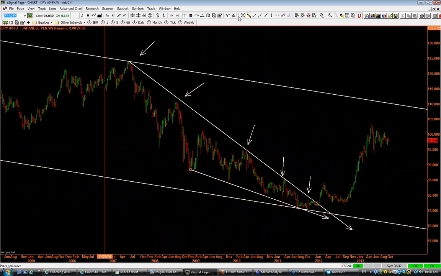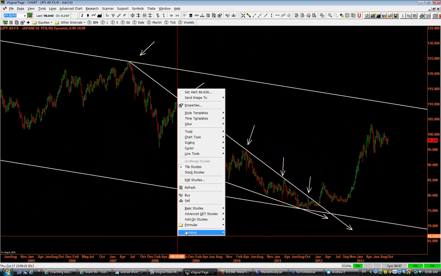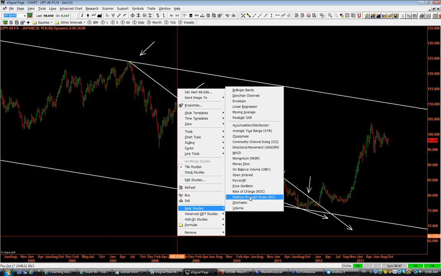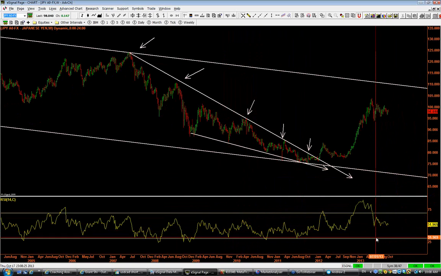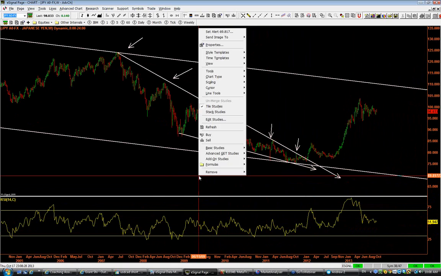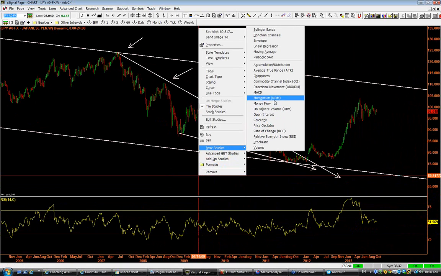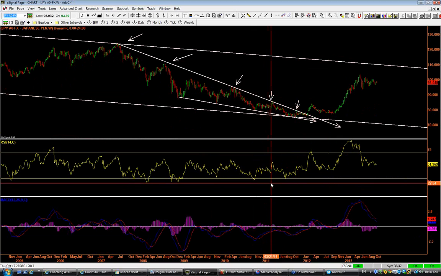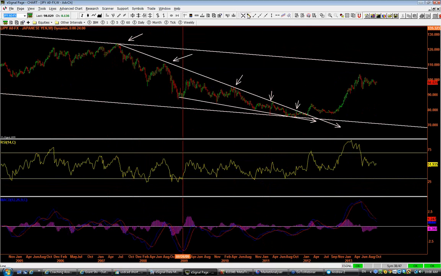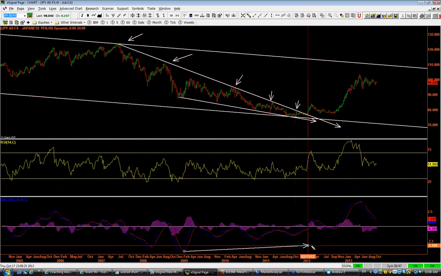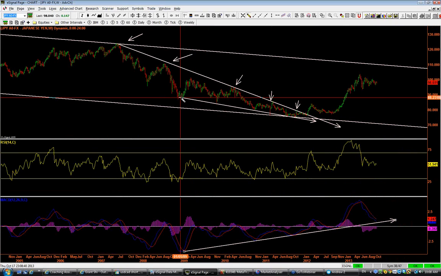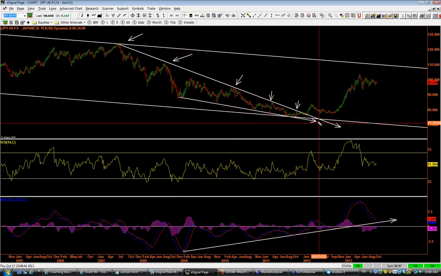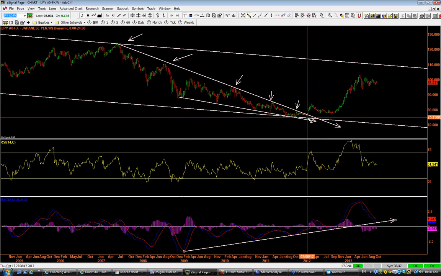Let's have a look at the RSI first. You can see not much. But if you add MACD, you can see a very, very strong divergence lasting about 3 years. The divergence starts from 2008 to 2012, that's 4 years.